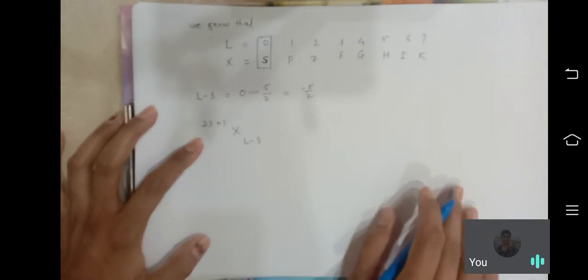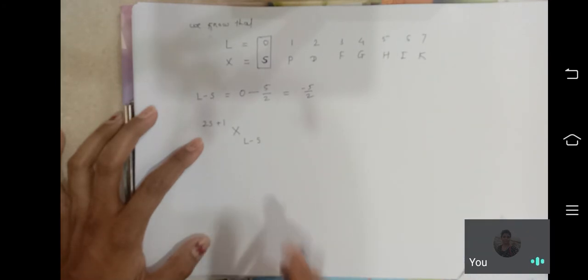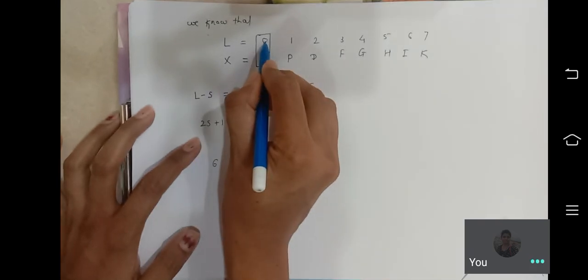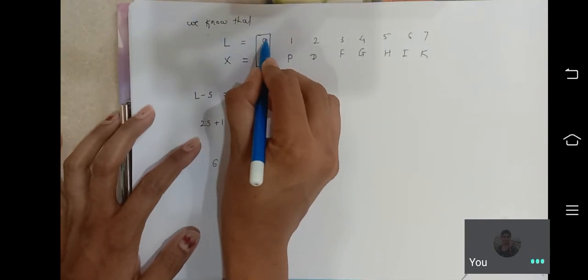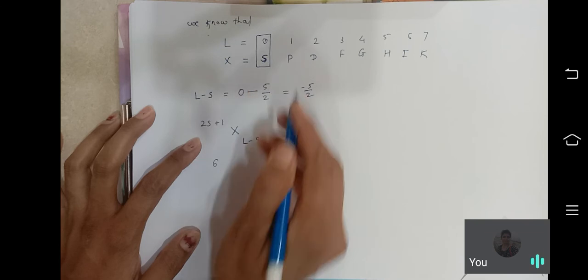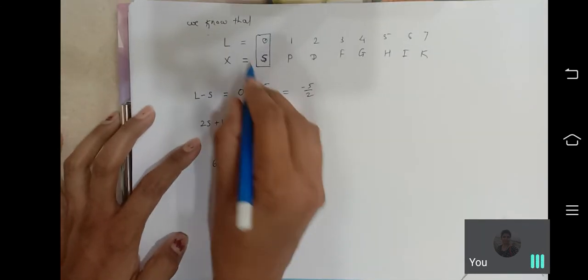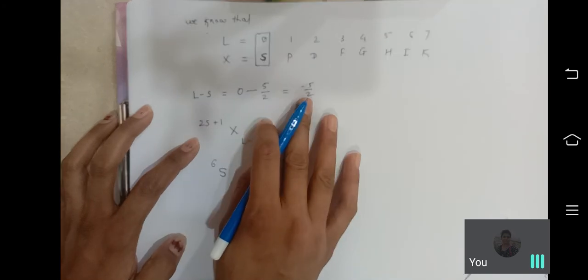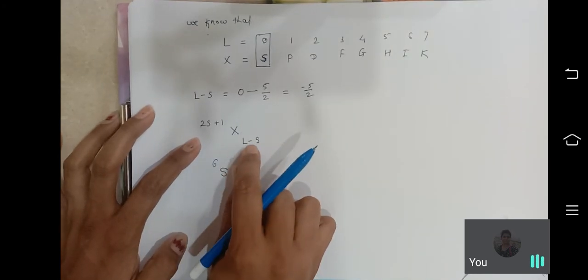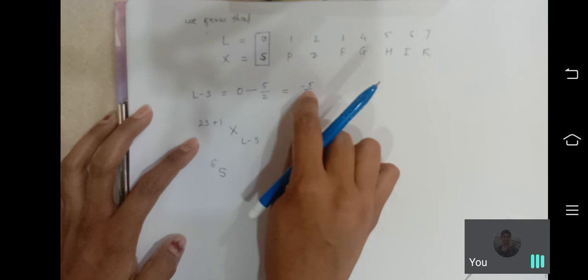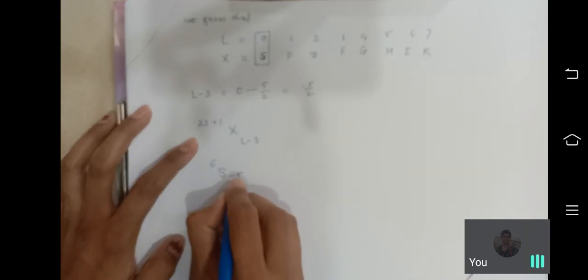Here the value is 6. And what is the value of X? The value of L is 0, and 0 is related to S, so you write S. Your orbital is less than half filled, so take L minus S, which is minus 5 by 2.